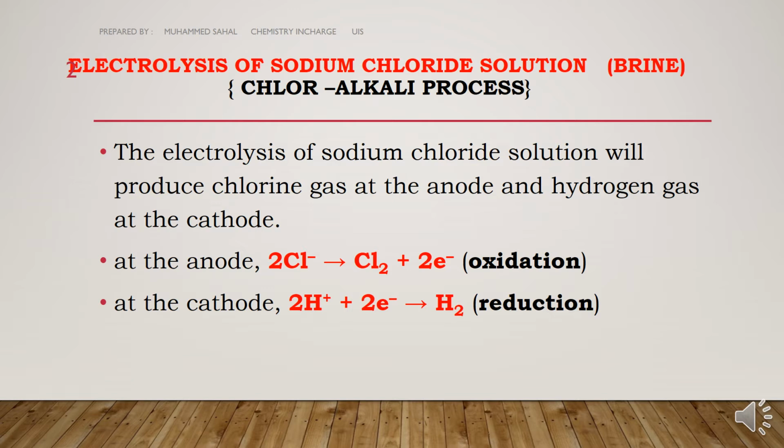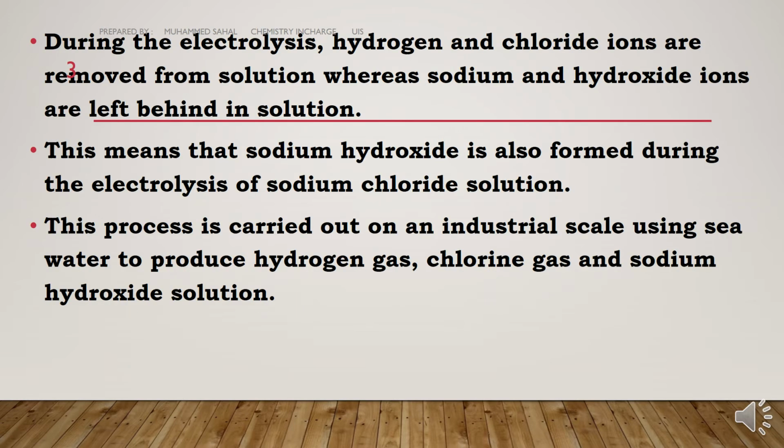In the reaction medium, now there are Na plus and OH minus ions, and both combine to form sodium hydroxide. In the chloralkali process, the three main products are hydrogen, chlorine and sodium hydroxide.